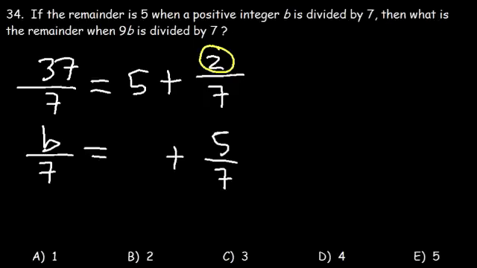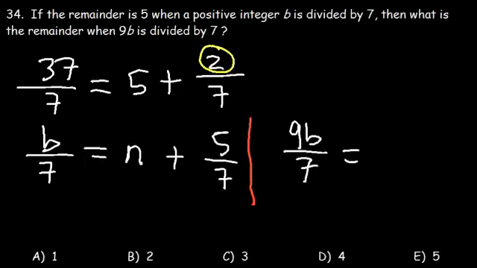Now, we don't know how many times 7 can go into b, so we'll call that number n. Our goal is to find out what the remainder is when 9b is divided by 7.